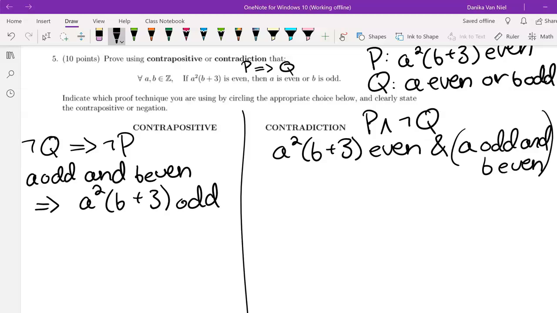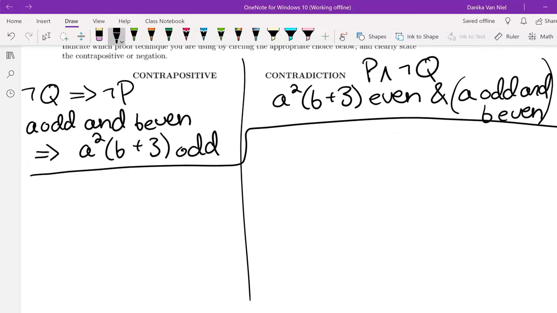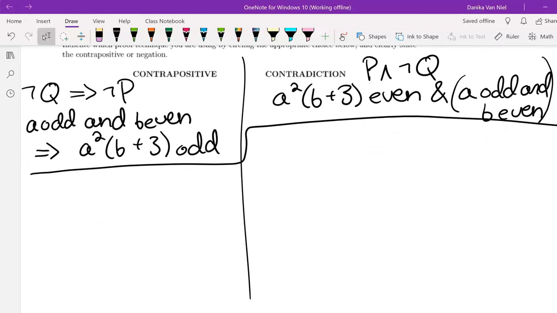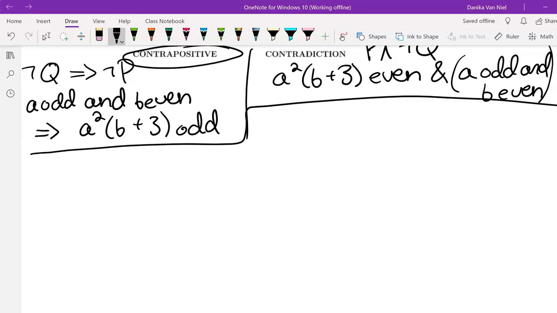Let's see. I think contrapositive is going to be easier. Well, I think both of them actually could be kind of simple because you get to assume a lot in the beginning. I'm going to go by contrapositive. Okay. So contrapositive is going to be my choice. Proof.